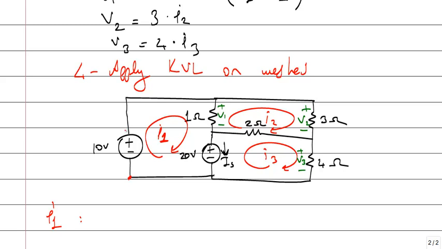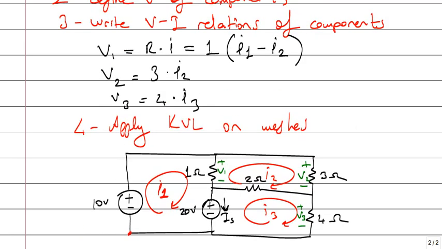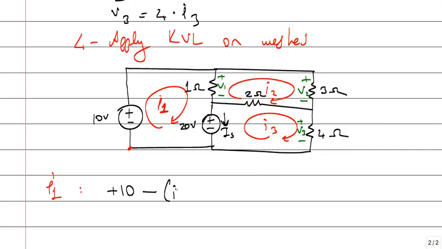There is a voltage increase of 10. So I will say plus 10. Continue. There is a voltage drop of V1. Voltage drop from positive to negative. Minus V1. What's V1? V1 is 1 times I1 minus I2. Okay? I1 minus I2.